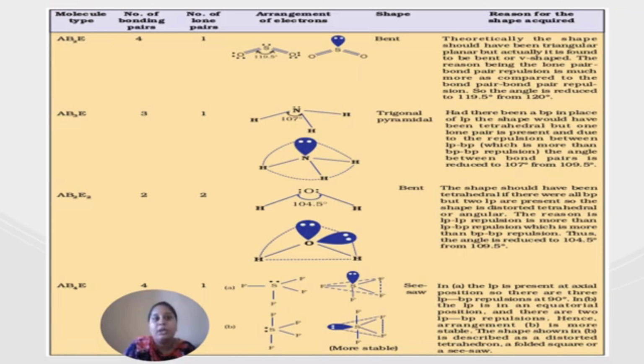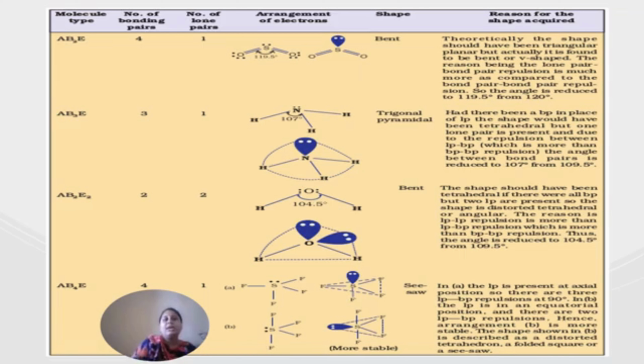For the AB2E molecule, it is a bent shape. This is because the repulsion due to the lone pair of electrons is more compared to the bonded pair electrons. So the bond angle is reduced from 120 degrees to 119.5 degrees.